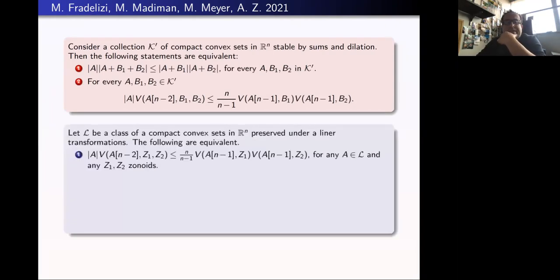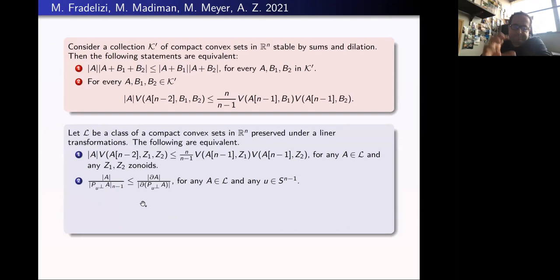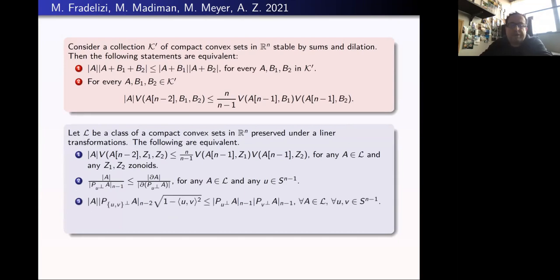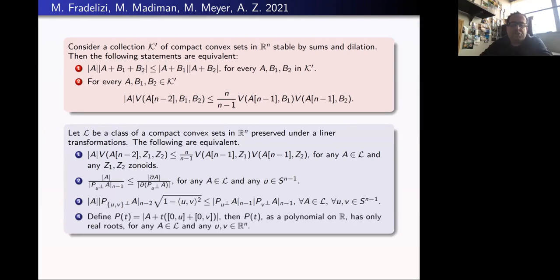It also becomes connected to a more generalized version of the Bezout inequality. It becomes connected to very cool isoperimetric questions about how projection changes the surface area. It becomes connected to this local question about projection. So it's actually all equivalent, which is very, very strange.